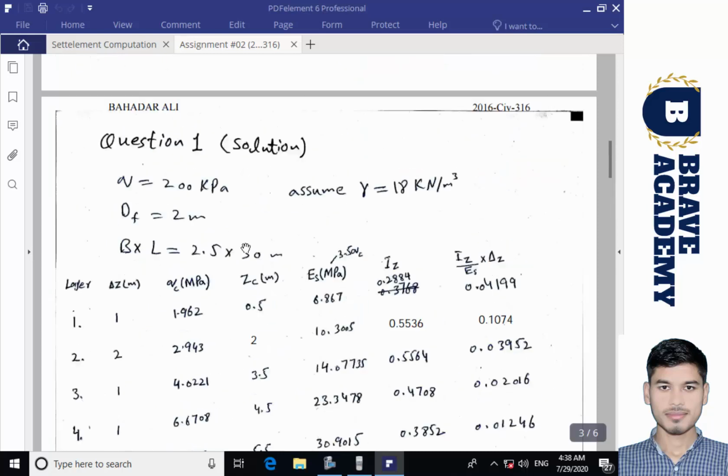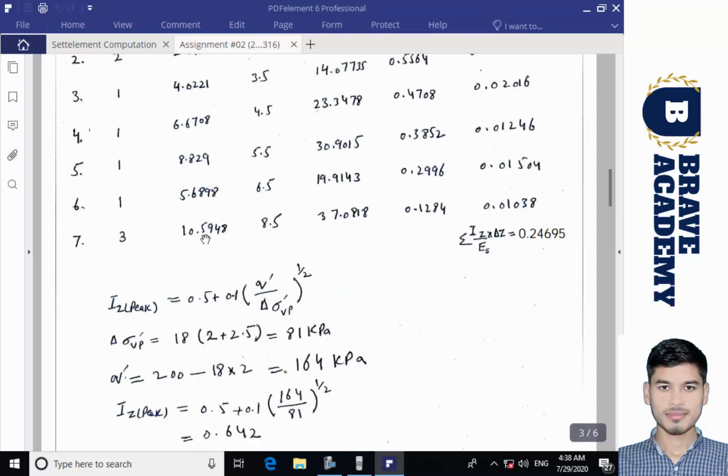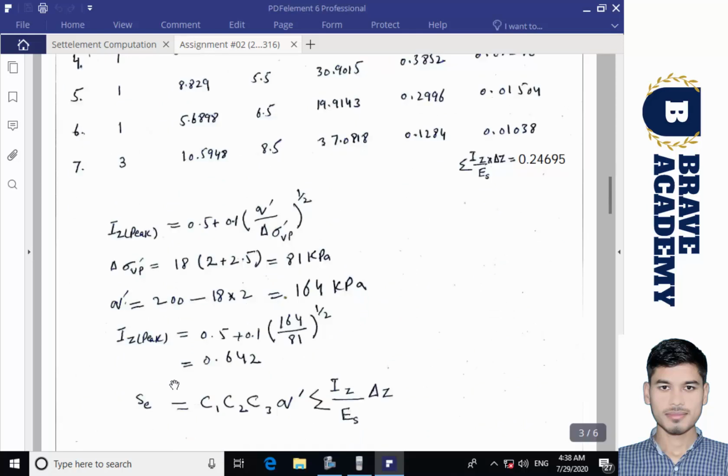He has given you the gross bearing pressure, which cannot be used in that formula. We will use net bearing pressure. Net bearing pressure equals the gross bearing pressure minus gamma Df, density into depth of footing: 200 minus 18 multiplied by the depth of footing, which is 2 meters. So it will give you 164 kPa.